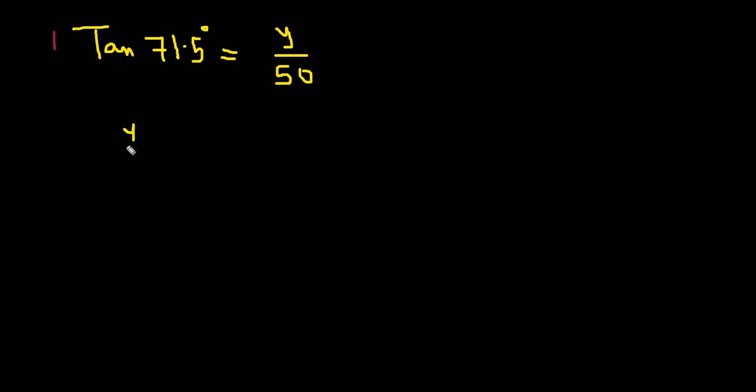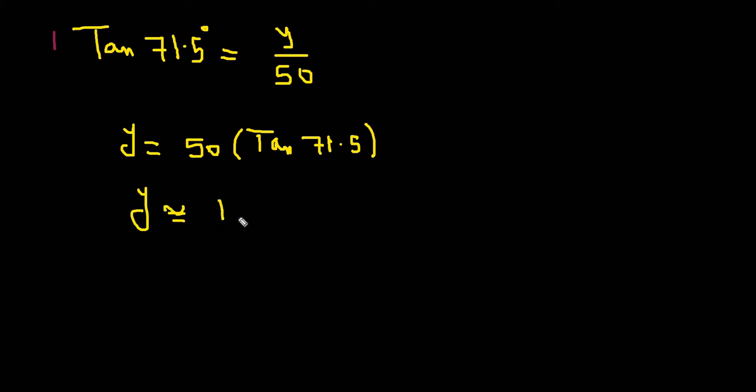Cross multiplication, we get y, the length of the tree, equals 50 multiplied by tan 71.5. Don't approximate now. By calculation, y approximately equals 149.4 feet. 149 feet is the length of the tree.